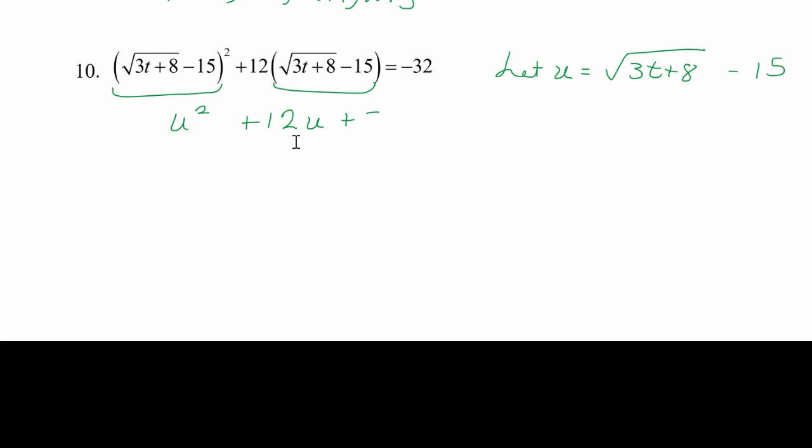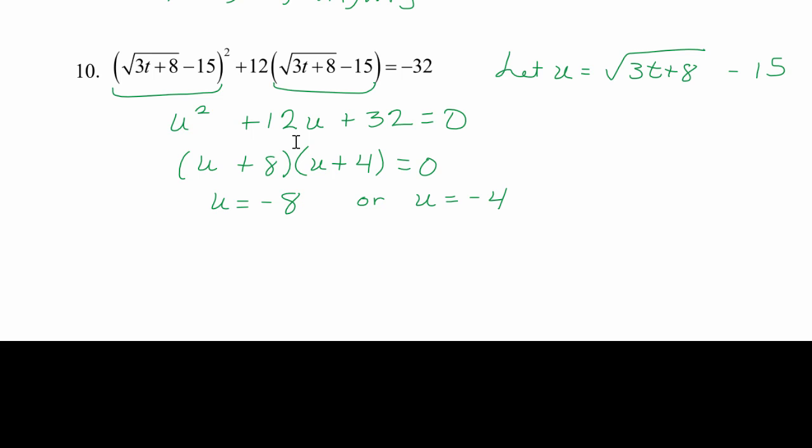And then let's add the 32 over and get a 0 on one side. And this factors (u plus 8)(u plus 4) equals 0. And using the zero factor property, we know here that u is negative 8 or u is negative 4.